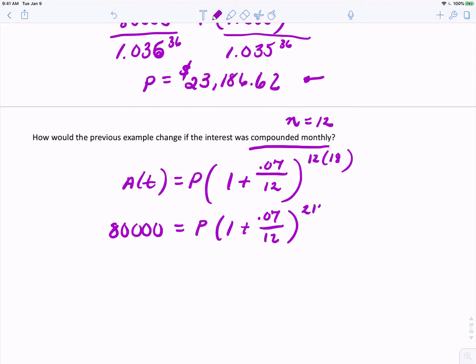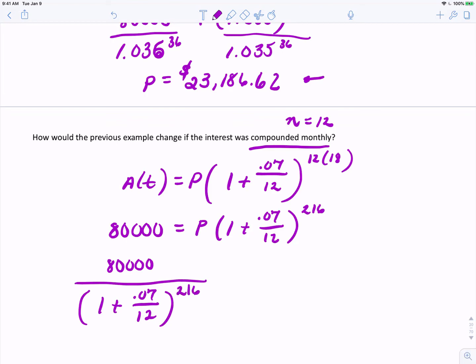So there's 216 compounding periods in this case. So to solve for this, we would take 80,000 and we would divide by 1 plus 0.07 divided by 12 to the 216th power.